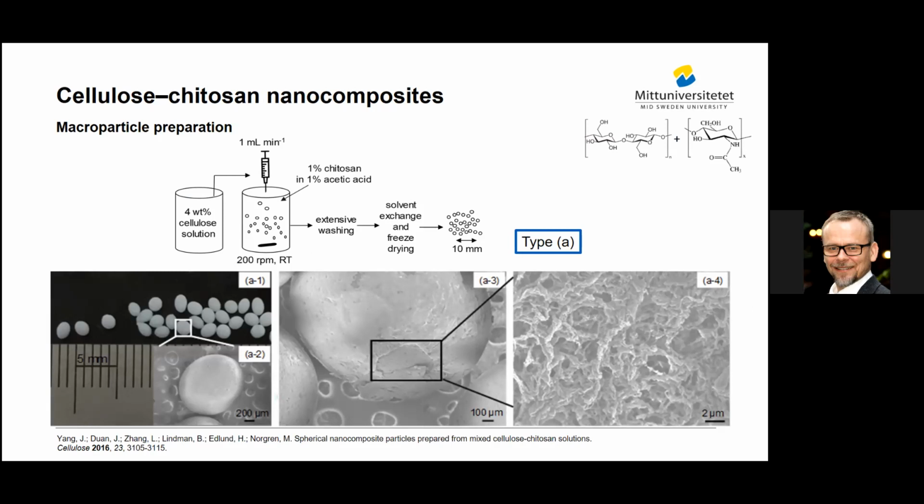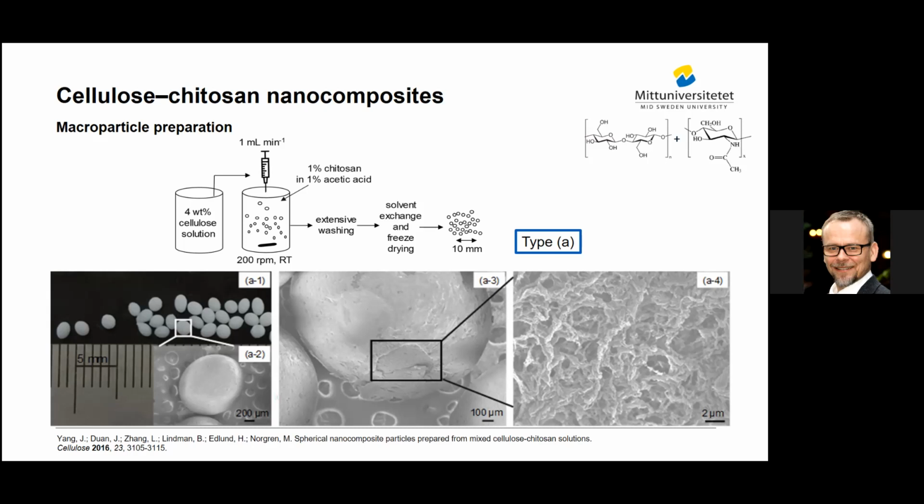So, for instance, here we have a macro particle preparation. It's not as fancy as it might sound. It's only having a cellulose solution and dripping it into an acidic chitosan solution. Here chitosan is very soluble, and here in this lithium hydroxide urea, cellulose is very soluble.